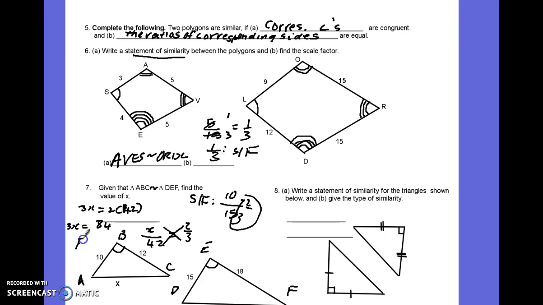When we divide that out, we get 3 goes into 8 twice. That's 2 times 3 is 6. Subtract. Bring down a 4. 3 goes into 24 8 times. So our x here would be 28 for that one.